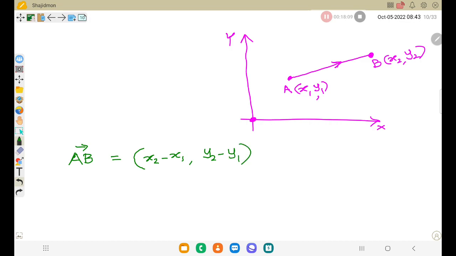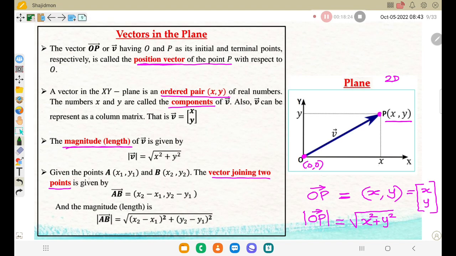This is the vector joining 2 points. Keep in mind, a position vector is only x, y. But for 2 points it is x2 minus x1, comma y2 minus y1. Important rule: given points A x1, y1 and B x2, y2, the vector joining them, vector AB, equals x2 minus x1, comma y2 minus y1.